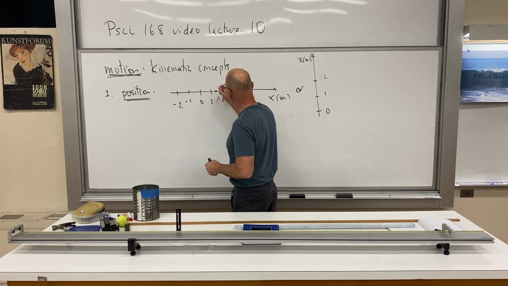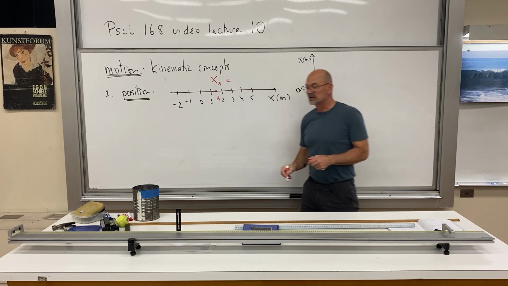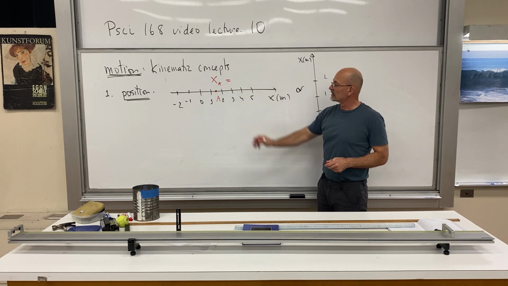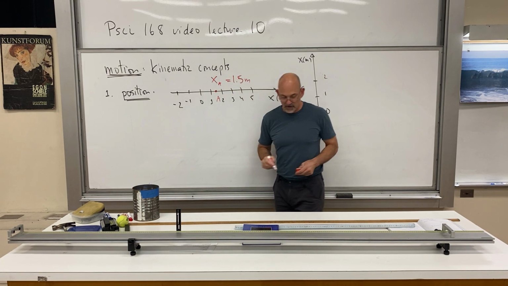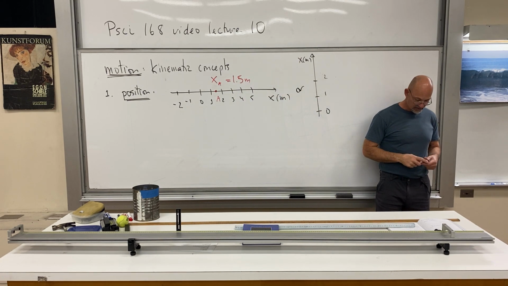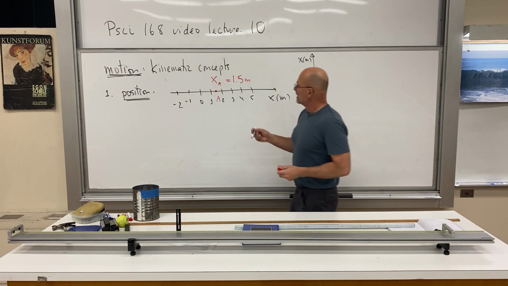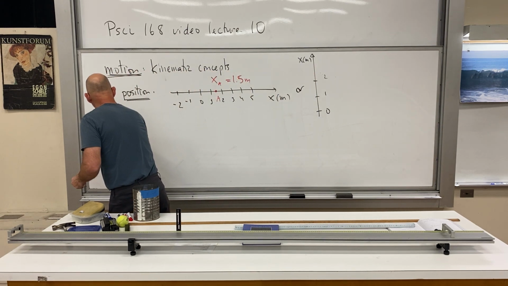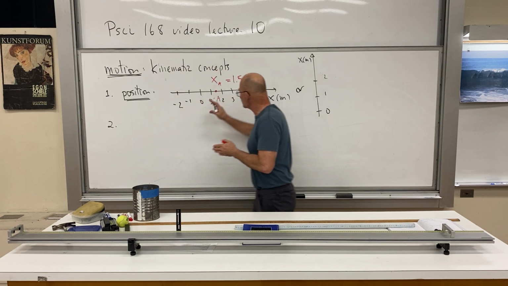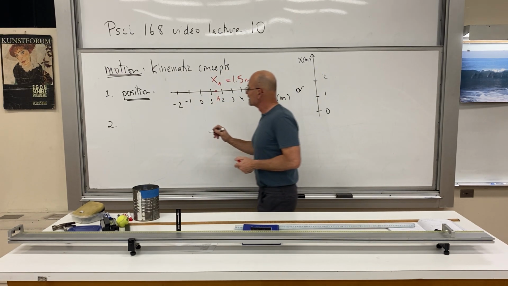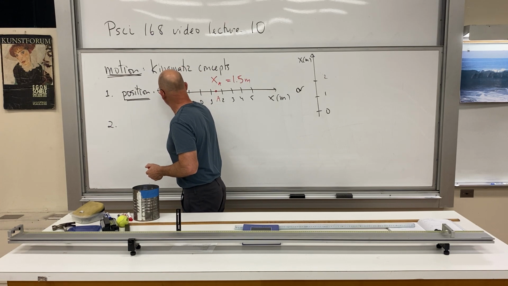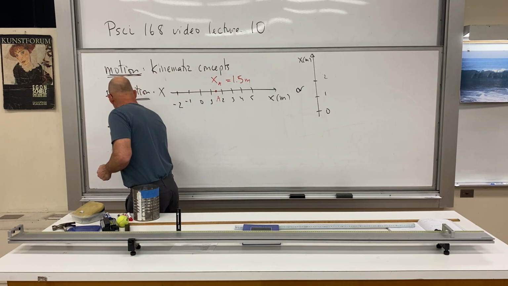Here's A, and I could say X of A is equal to, what is it equal to? 1.5 meters looks like. 1.5 meters. So there's position. What's that thing? The next concept, so we're using the metric system, by the way. The next concept here, by the way, position x, is called displacement.